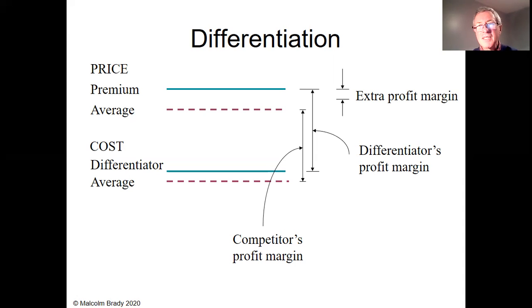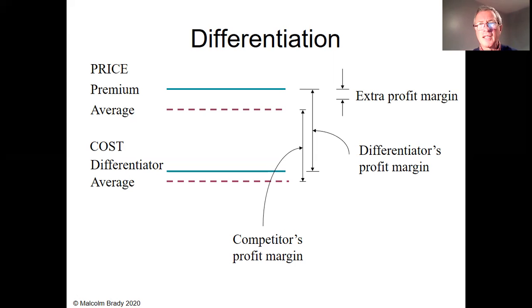So clearly with differentiation, it depends on how much your price is above average versus how much your costs are above average, as to whether you make extra profit margin or indeed make less of a margin than the other firms in the industry. So it's a bit tricky. You have two things to watch as a differentiator.